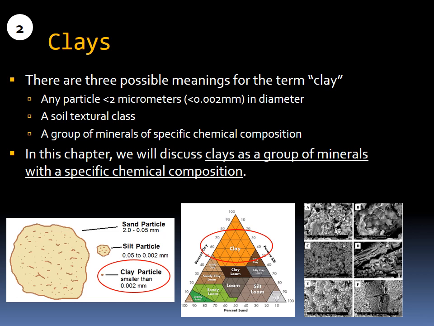Now, why are they different? And does it really mean that when they are different in shape that they have a different chemical composition? And is that going to affect the absorption of nutrients, chemicals, and water, and also the behaviors?